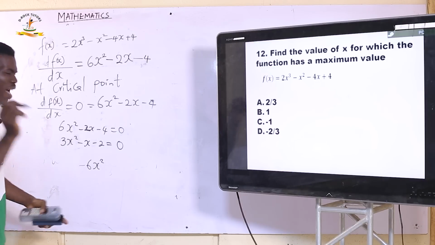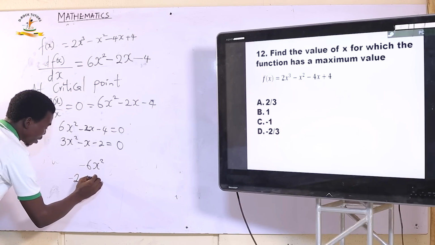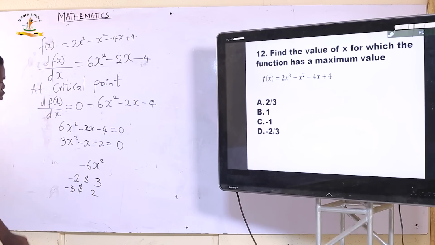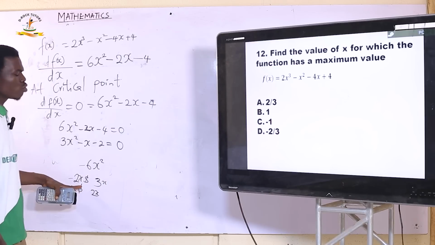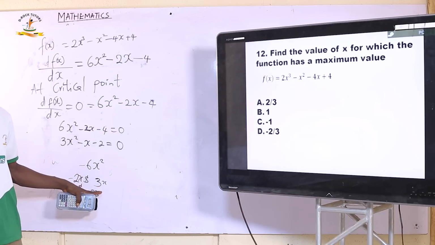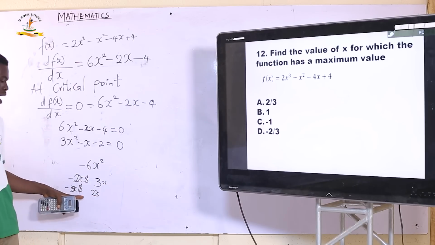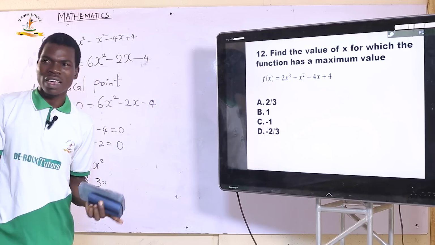So literally, I can have minus 2 and 3, or minus 3 and 2. If I multiply, let me put x, minus 2x multiplied by 3x will give me minus 6x squared. Minus 3x multiplied by 2x will still give me minus 6x squared.